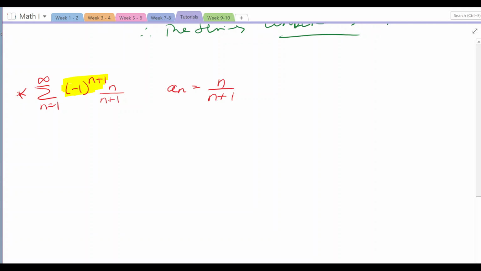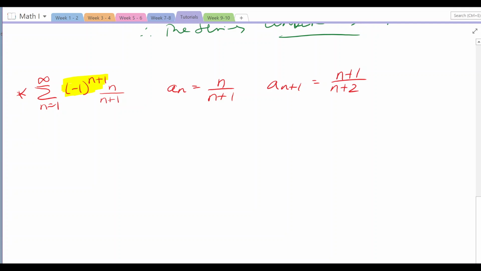And we can test our a sub n plus 1, which will be n plus 1 over n plus 2, since n plus 1 plus 1 becomes n plus 2.